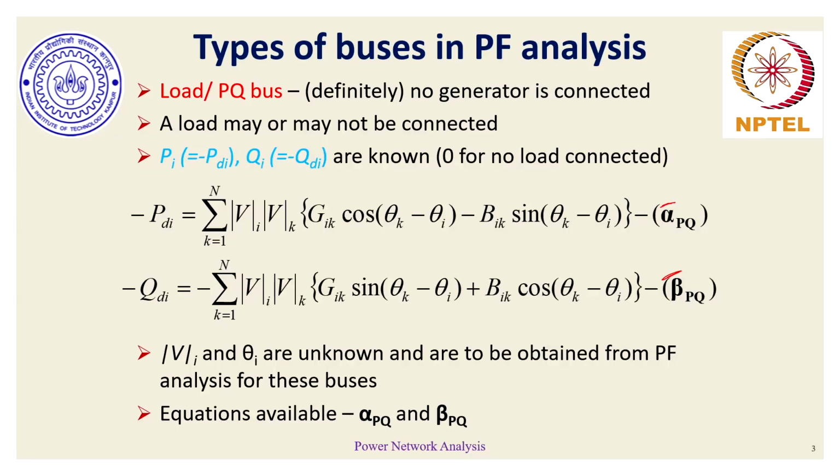And in fact, we have seen also that the demand PDI and QDI for a given load can be known from the load forecasting exercise. PGI, which is the generation of the ith generator connected to bus I, can be known from economic dispatch, and the corresponding voltage magnitude can also be known from active power loss minimization via reactive power control, or via power factor control or excitation control.